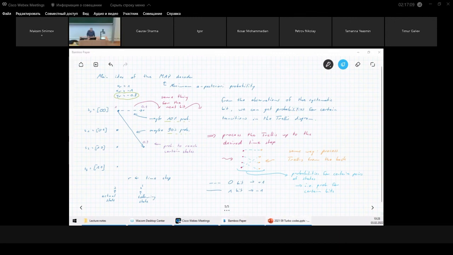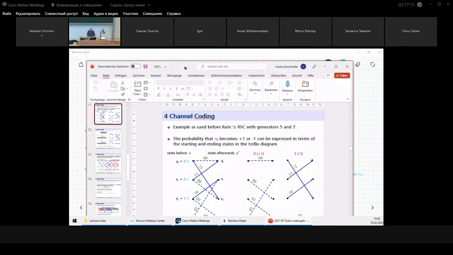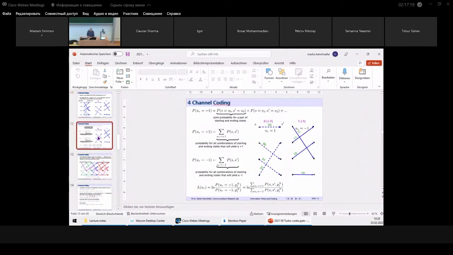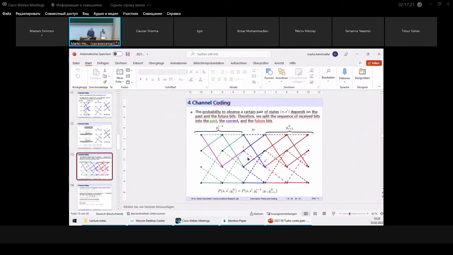I just want to show you this again on the slides. This is basically how we process the trellis. So from the beginning, we trace it to the state S. From the end, we trace it to the state S prime. And with the probabilities for these pairs of states, we estimate the bit U_r.